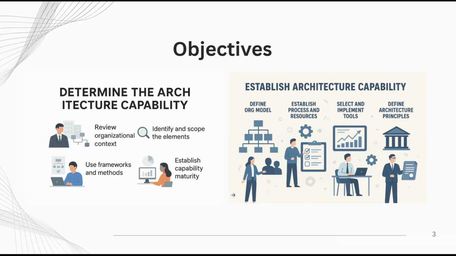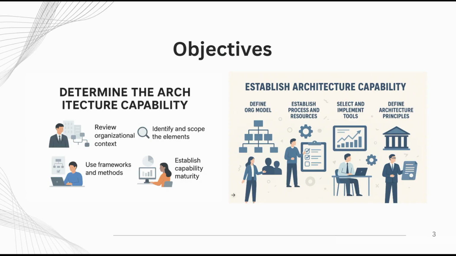Once we understand the organizational context, how the elements are placed inside the organization, and what kind of frameworks or project management tools are used, then we will get to know what capability maturity is in the current system and what we need to establish for the target system.